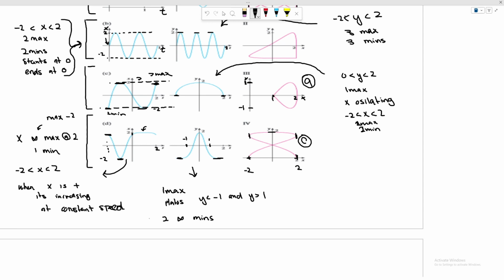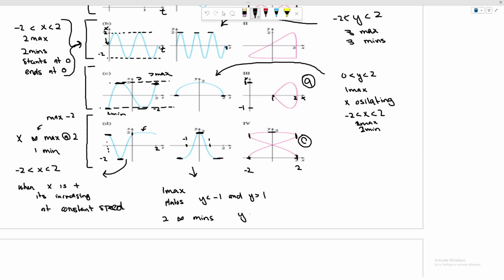Okay, what else do we have? When y is at 2, your t is at 0. What characteristic can we say? I mean, we did say it's 1 max, right? You see all these are little characteristics that you can catch.